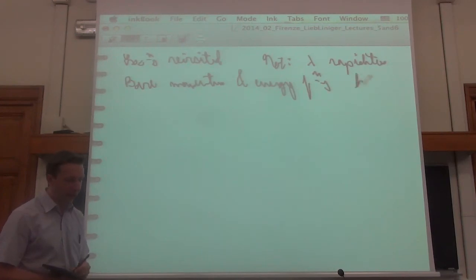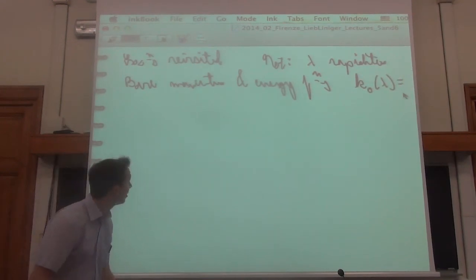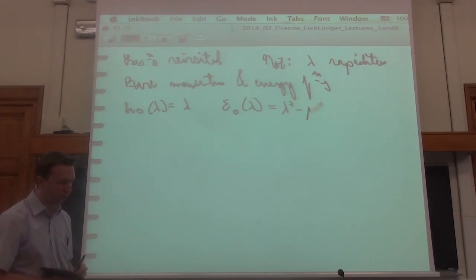Okay, which is k0 of lambda is equal to lambda. So for the Bose gas, the bare momentum k0 of lambda is just equal to lambda, and the bare energy E0 of lambda is just lambda squared minus mu.